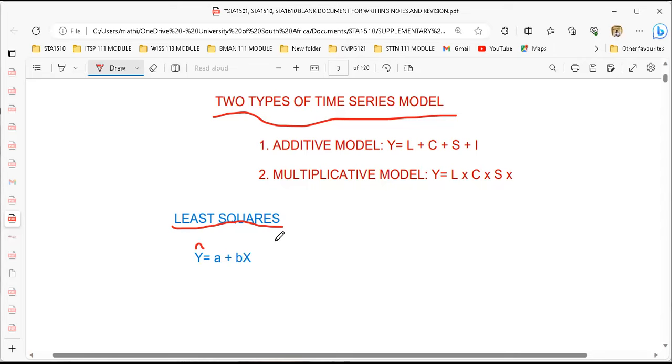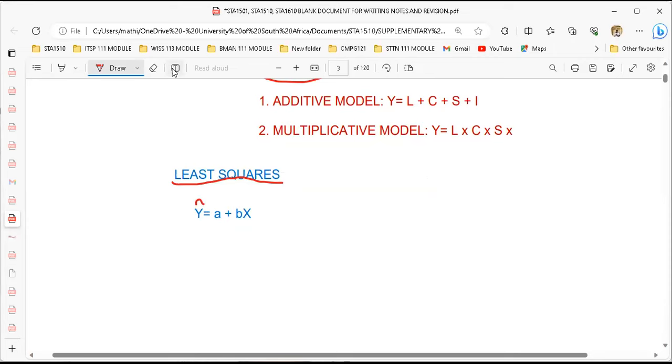Before that, I'm going to show you something. Let me just do it like this so that you can all see what I'm talking about. Now we have the number of periods. How do you calculate the number of periods when dealing with odd or even? Okay, let's start.